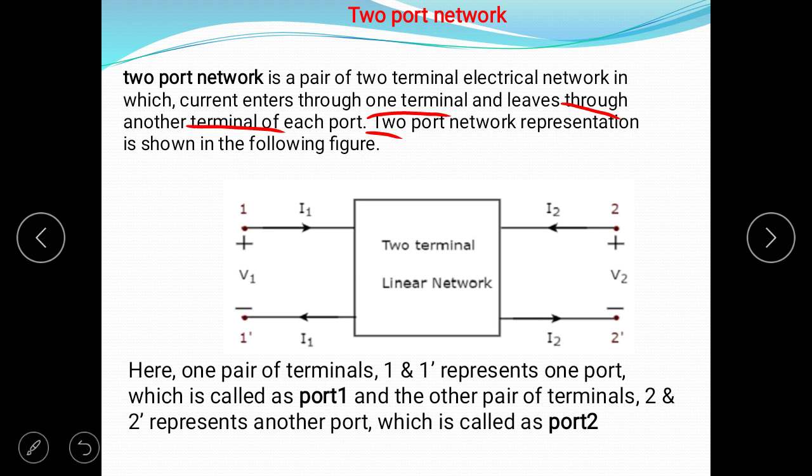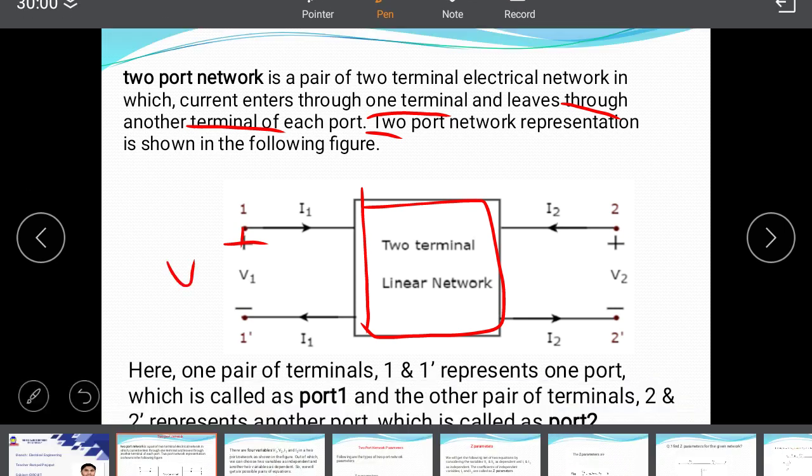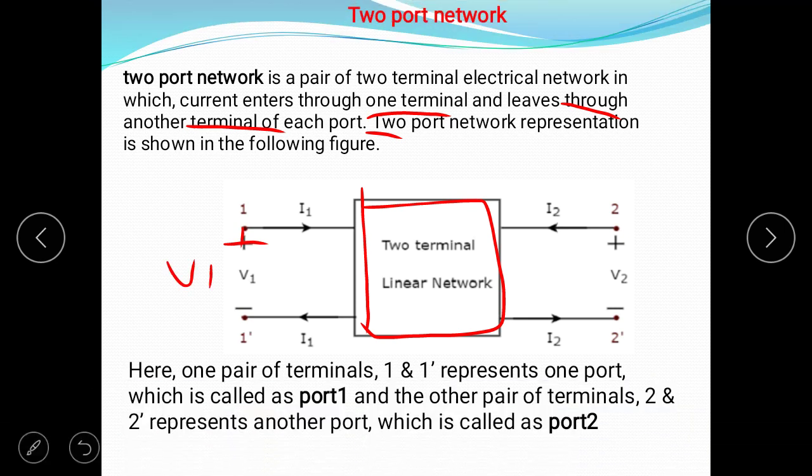Here there is a two-terminal linear network and its input voltage is V1, output voltage is V2, input current is I1 and output current is I2.